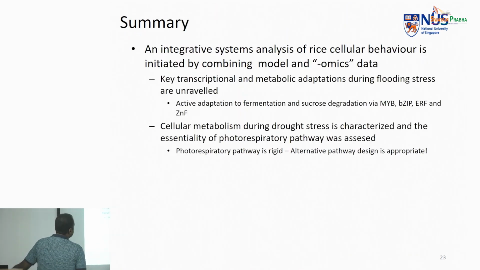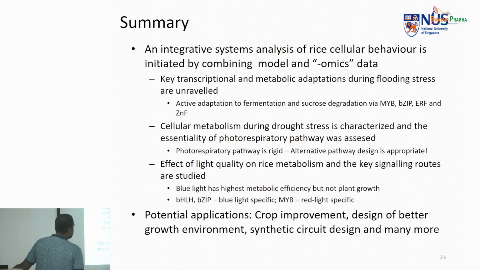So in summary, with this set of data, we were able to integratively analyze different kinds of omics data, and this suggested to us the key transcriptional and metabolic adaptations that happen in flooding as well as the drought stresses, which I showed earlier.